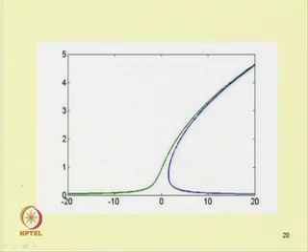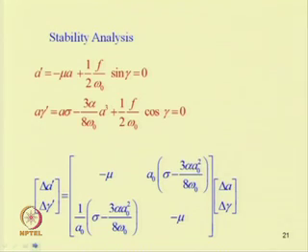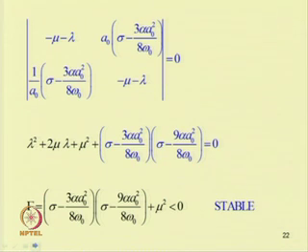In this case we have already discussed the jump up and jump down phenomena. While reducing the frequency, one may observe the jump up phenomenon, or while increasing the frequency, the system will follow this path, and from the trivial response one will get the non-trivial response of the system. We have also already discussed the stability analysis.